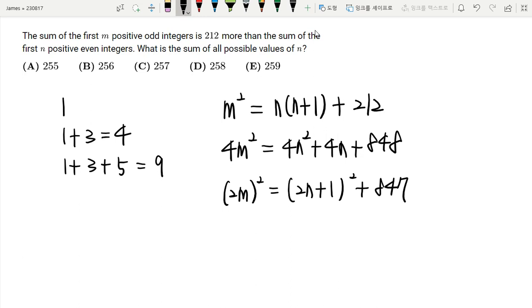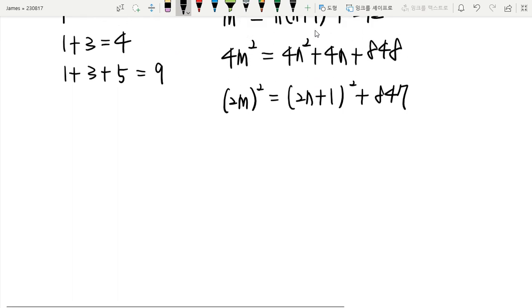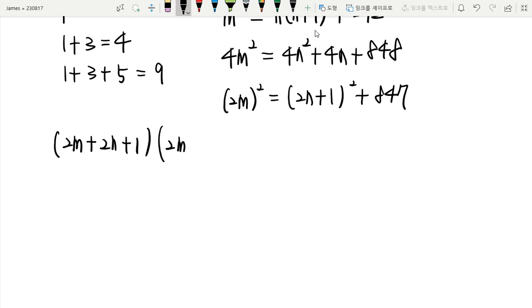And then if we make the perfect square, we can use the sum and difference formula. And if we make the prime factorization of 847, that's 7 times 11 squared.